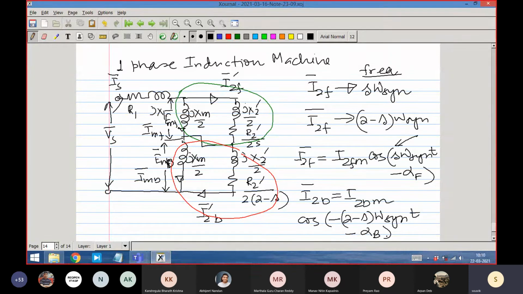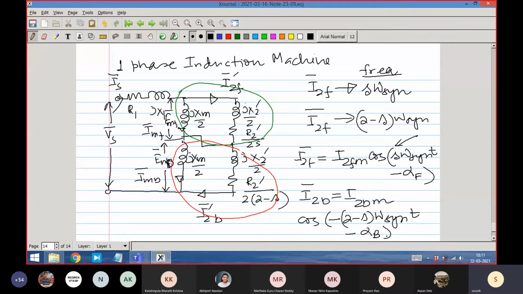The first rotor speed is always omega rotor, but the first rotor sees the forward magnetic field going past it, and the differential speed is S omega sin. The second one sees the backward rotating magnetic field going past it, and the speed is minus 2 minus S omega sin, right? The backward rotating magnetic field goes in the reverse direction to the rotation of the rotor.